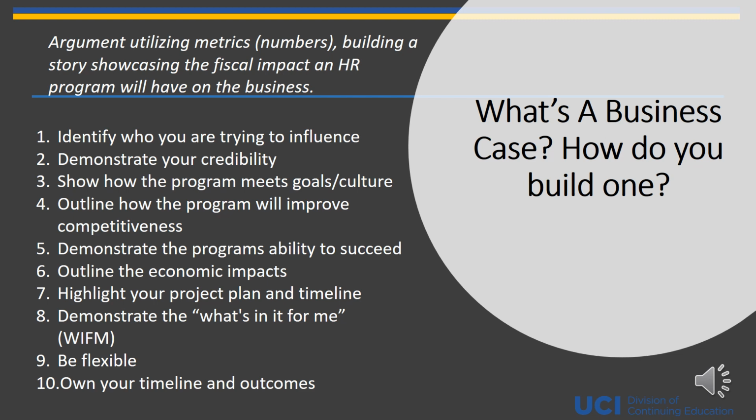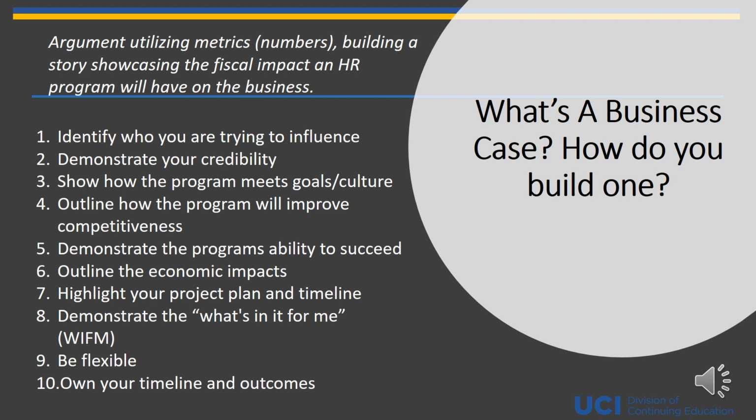You also need to outline what the economic impacts are. So let's think about things like unemployment rate. If you are promising that with this wonderful HRIS system, you're going to be able to hire people 10 times faster, but the economic impact of the fact that you have low unemployment could impact that, you need to talk through it.